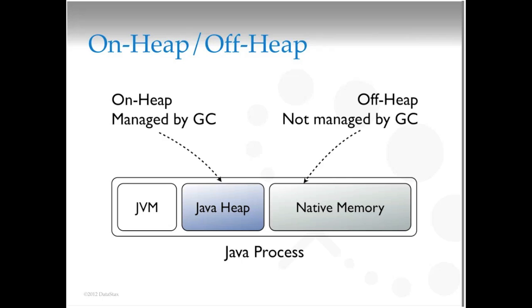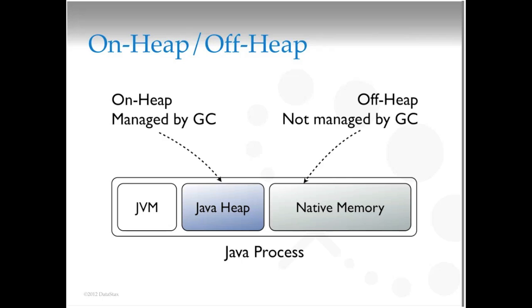The problem is that we've had all those structures on the Java heap, and the Java heap, or more specifically, the Java garbage collector, has not kept pace with the growth of memory, which is to say that Java heaps are basically stuck at about 8 gigabytes to maybe up to 16 is the largest you can make the Java heap before the garbage collector pause times start getting large enough to affect your application in a bad way.